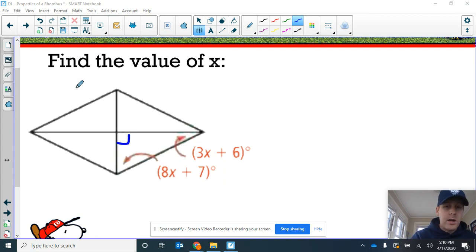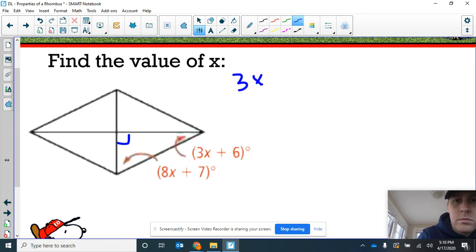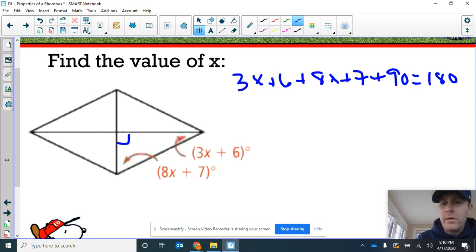So we'll write down, all right, well, 3x plus 6 plus 8x plus 7 plus 90, which is that right angle, has to give us a sum of 180 degrees.